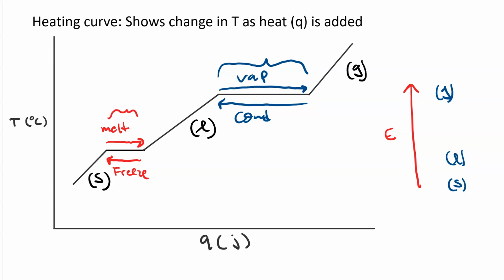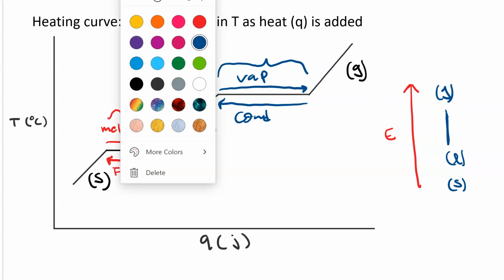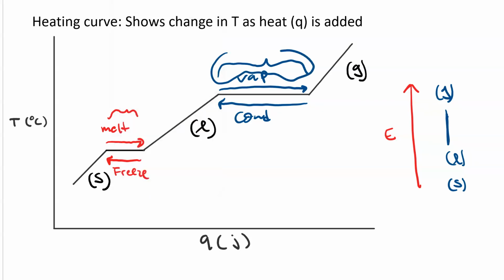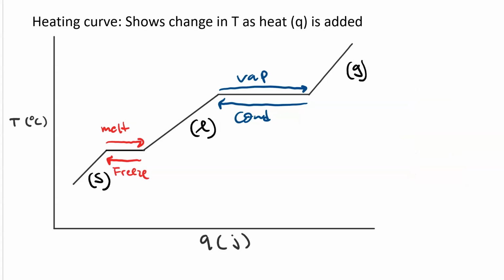Right? So this distance here is proportional to this distance. Whereas this distance between solid and liquid is proportional to that distance. The distance between 100% solid and 100% liquid on the phase diagram. Sorry, this is not a phase diagram, this is a heating curve. What are you talking about?